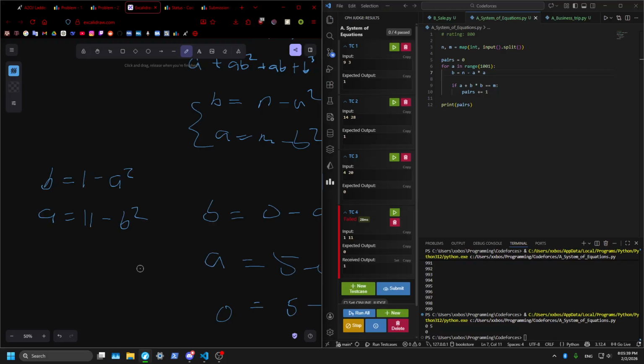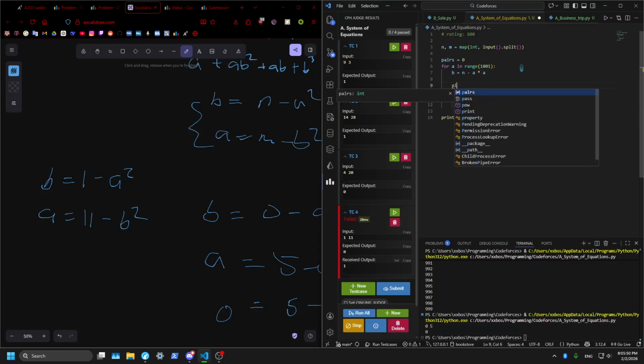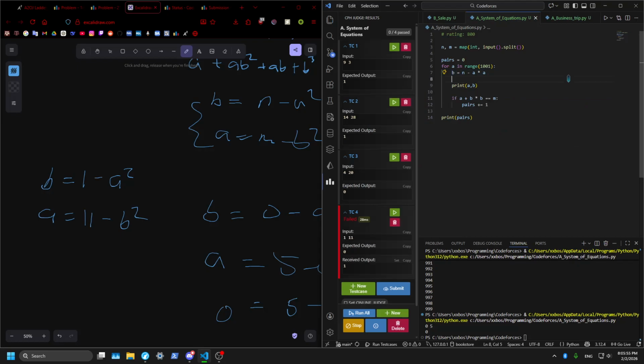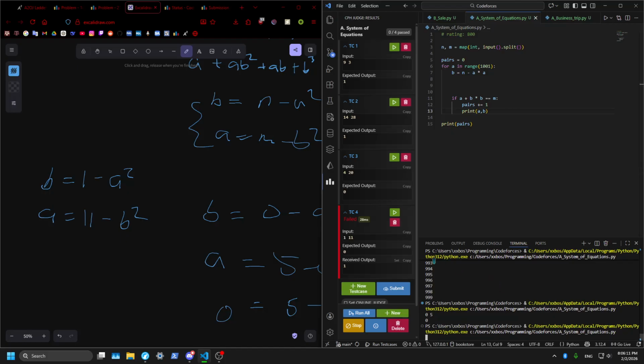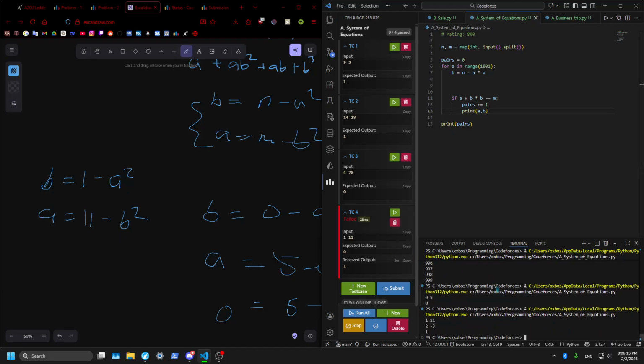So print. Output is 1. What's the pair? That works. Ugh. 1, 11. 2, negative 3.